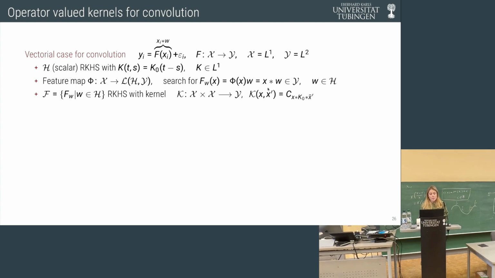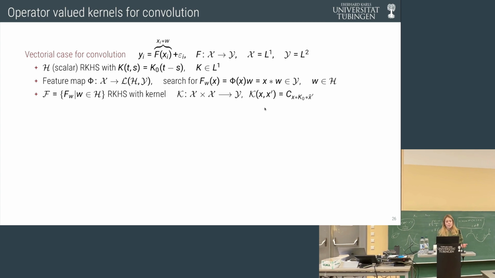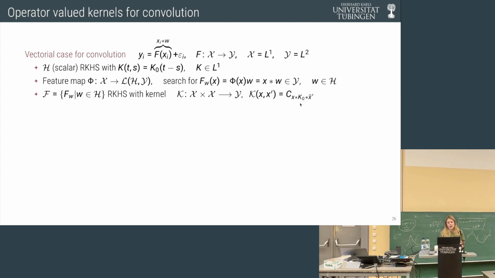The feature map is going to be just given by the convolution from x and y. And my kernel is also going to be a convolution operator, where there is a direct connection between the kernel k in the scalar space and the convolution kernel. Again, I'm sorry, here it should go to a space of operators from Y to Y. That was actually the main point, and it's wrong here.